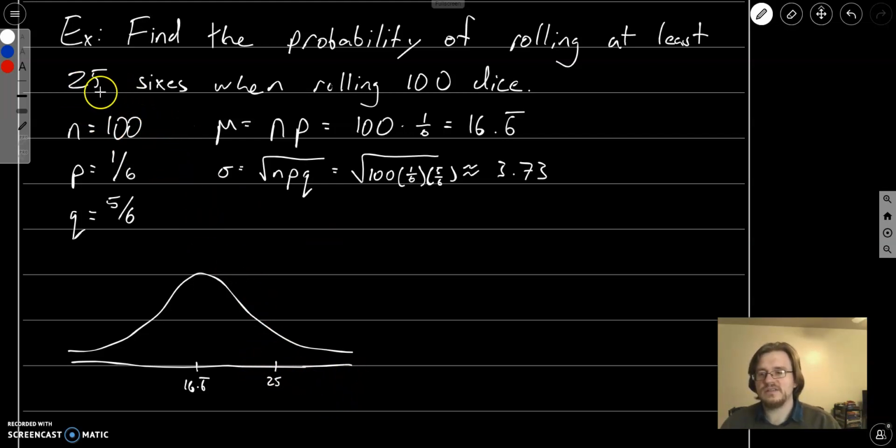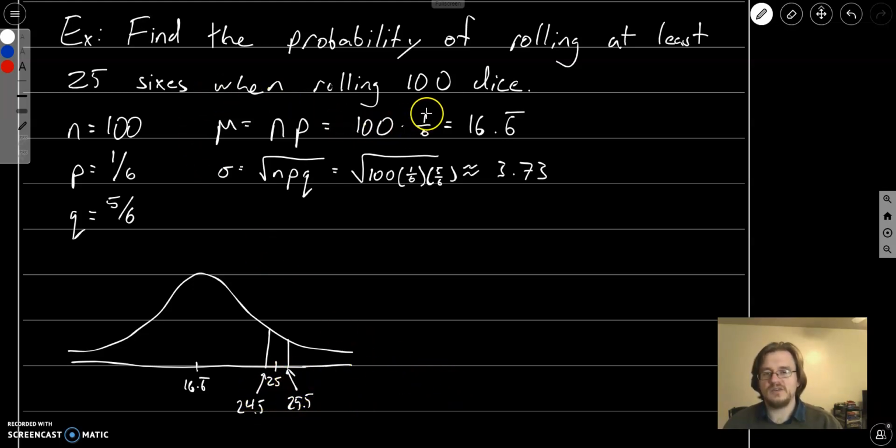We need to keep in mind that we have a continuity correction to this. When I say 25 sixes in a binomial distribution, in the normal distribution, what I mean is anywhere from 24.5 to 25.5 sixes.